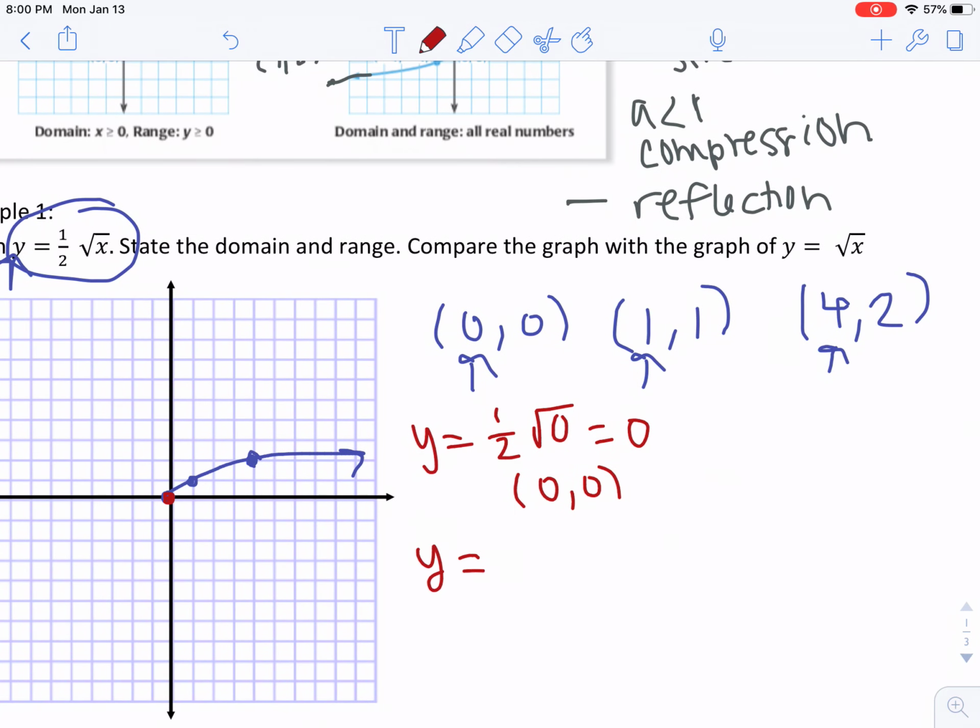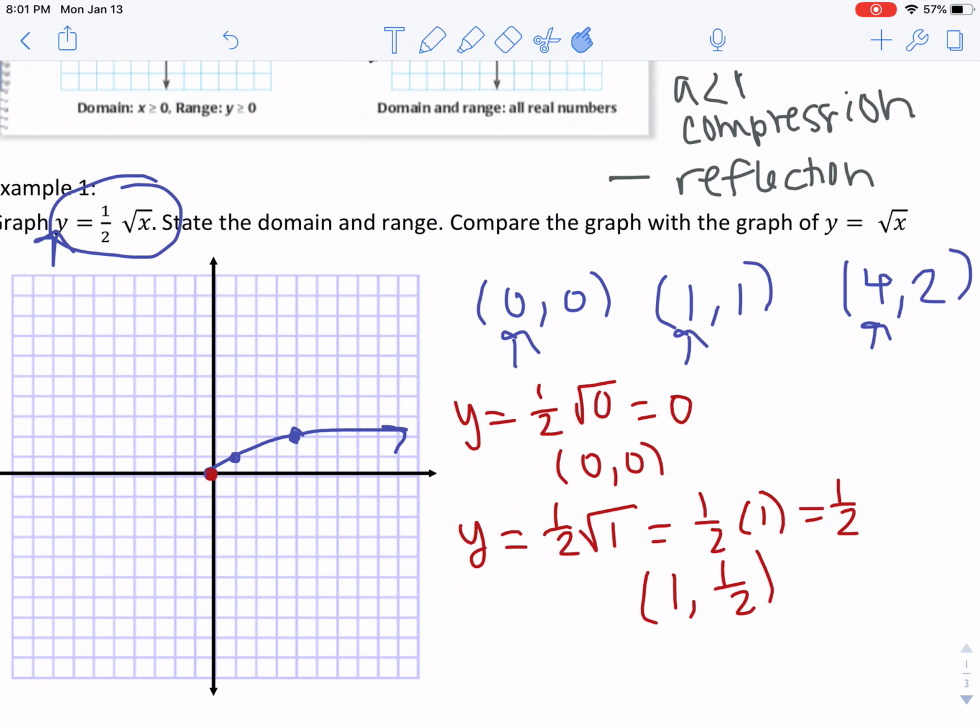Now let's move to (1, 1). When I plug in 1, I get 1/2 the square root of 1. Well, I know that the square root of 1 is 1, so half of 1 is a half. So this time when I plugged in 1, I get a half out.